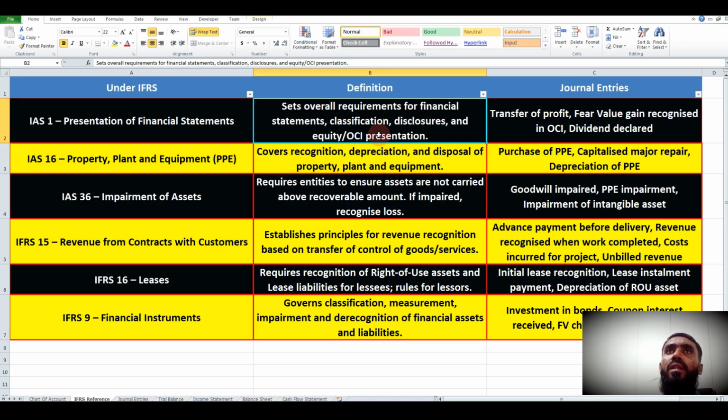What does this mean? It sets overall requirements for financial statements. You read this just for financial statements. Classification, what is classification? Disclosure, what is disclosure? And equity, what is equity? Other comprehensive income, what is other comprehensive income?